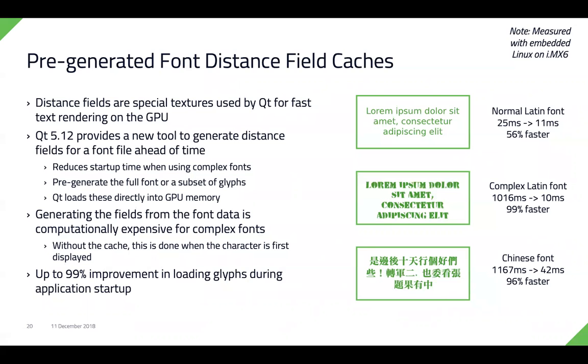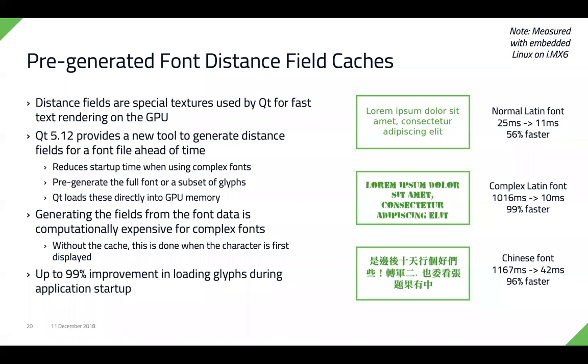The advantage of distance fields is that they lead to very scalable fonts, and we can very quickly render text at any size. With Qt 5.12, we have now added a tool that makes it possible to generate those distance fields for a font file ahead of time during compilation, which significantly reduces the startup time of your application when using complex fonts. It also makes it easier to share those textures when you're using multiple processes.